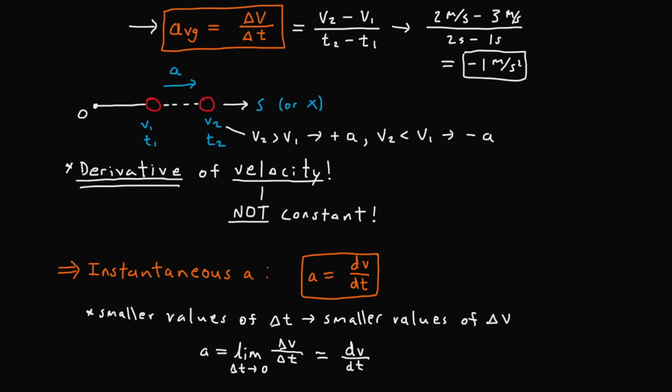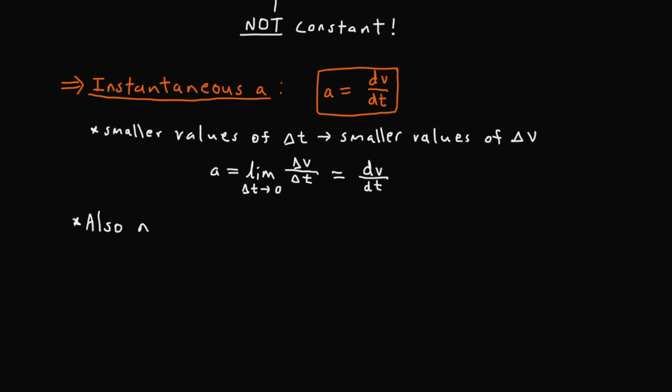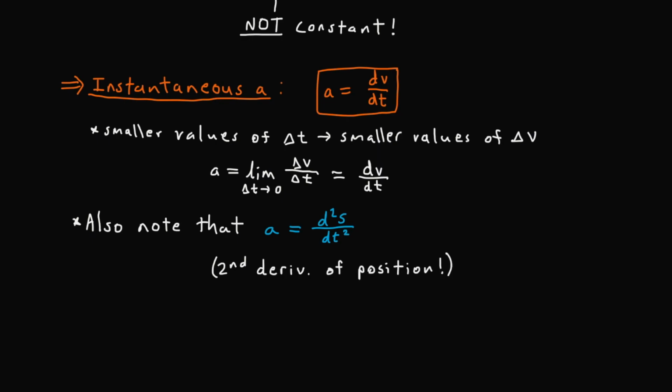So to sum up, delta v over delta t is average acceleration, whereas dv by dt is instantaneous acceleration. And so from this, you should also note that acceleration a is also equal to d squared s over dt squared, which is of course the second derivative of position s.